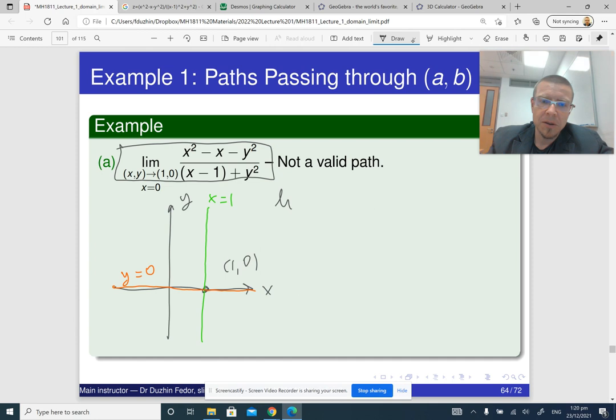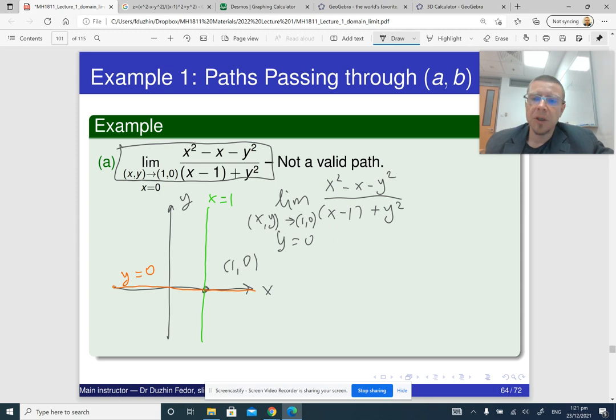Right? So the limit of my function x squared minus x minus y squared divided by x minus 1 plus y squared as xy goes to 1, 0 along the path y equals 0.